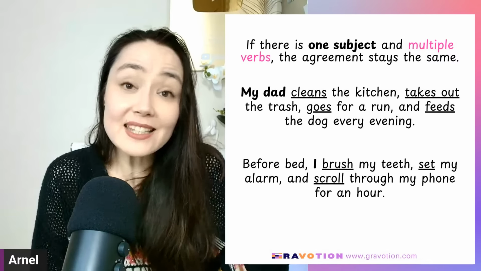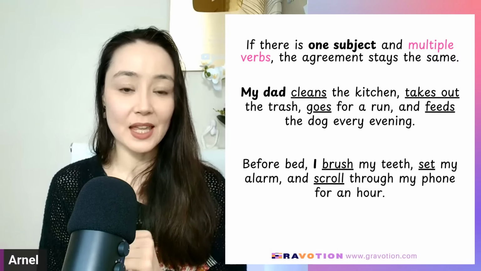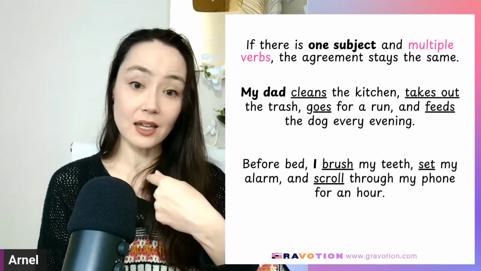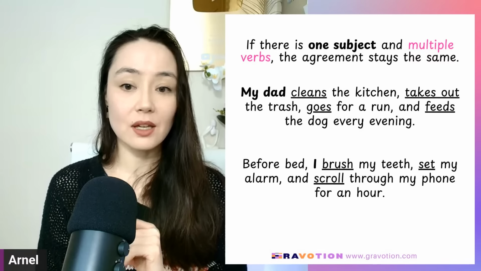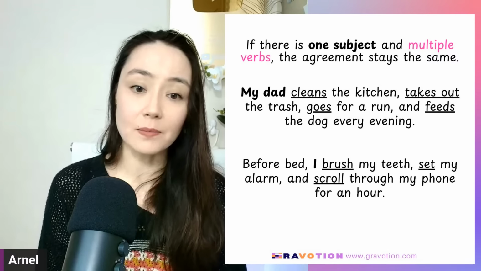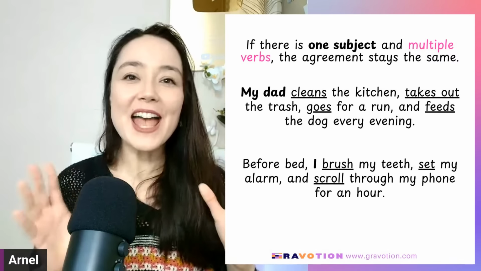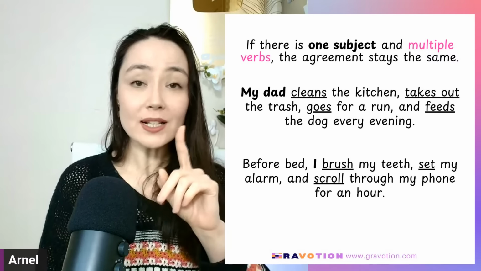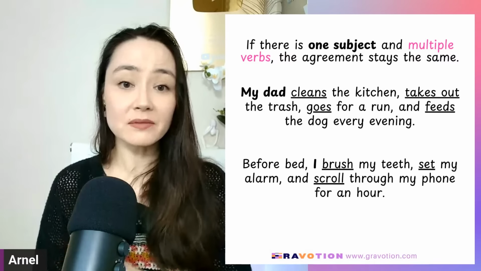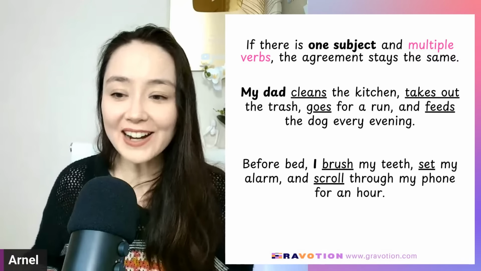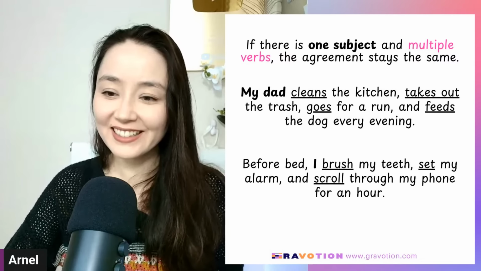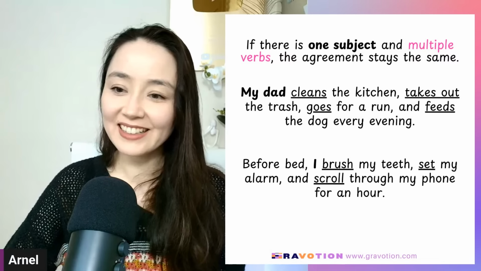Subject-verb agreement, it stays the same. Before bed, I brush my teeth, set my alarm, and scroll through my phone for an hour. One subject, multiple verbs, it doesn't matter. Good.